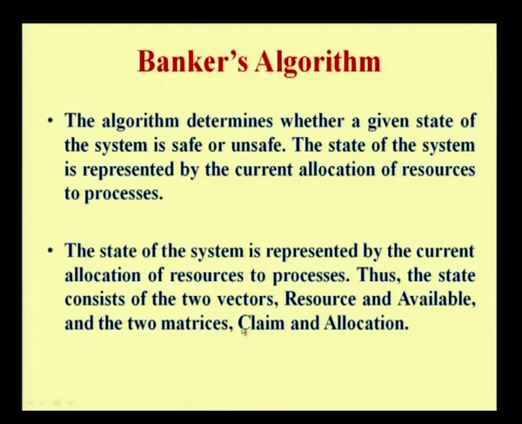What are the two matrices? Claim and allocation. When do you call a state a safe state, or an unsafe state?